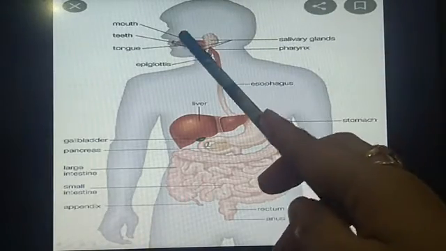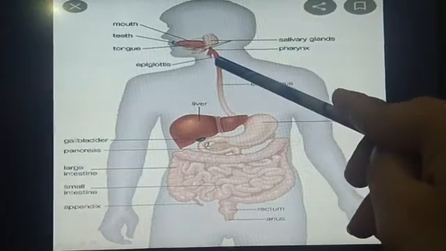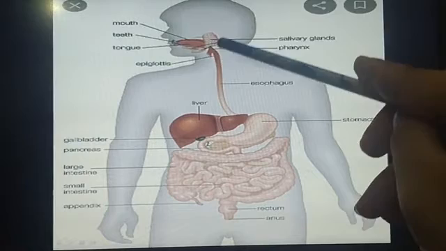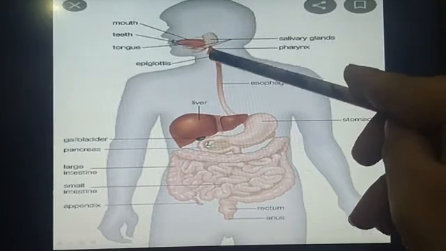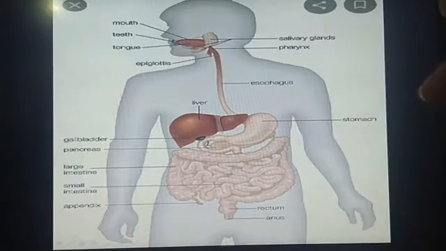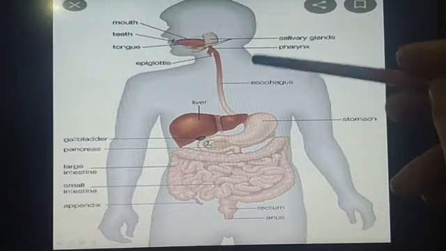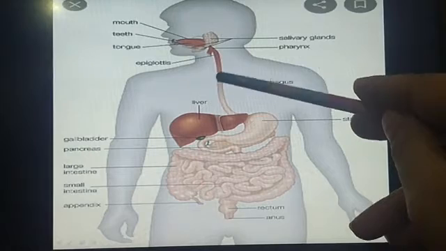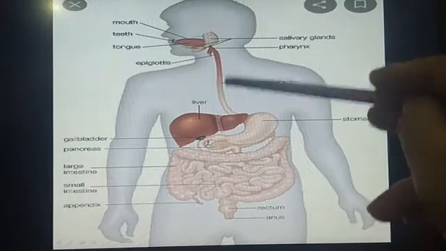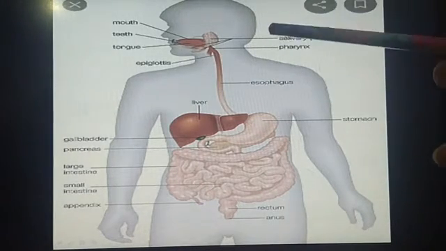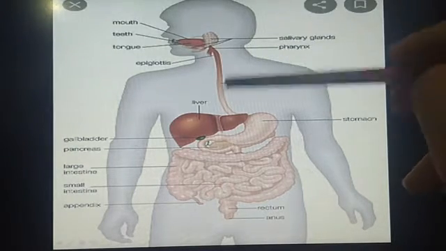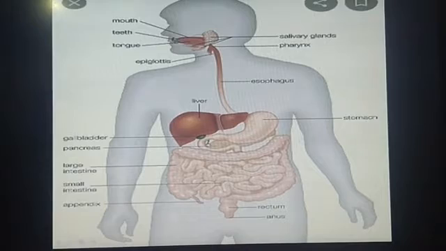The epiglottis is a small flap that folds over your windpipe when you swallow to prevent choking when food goes toward your windpipe. A series of muscular contractions within the esophagus called peristalsis delivers food to your stomach.